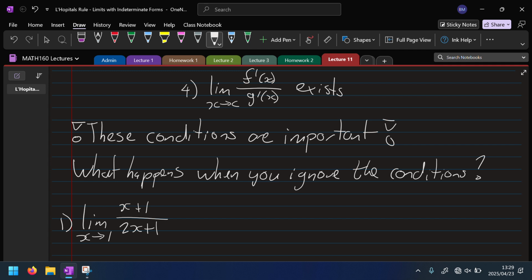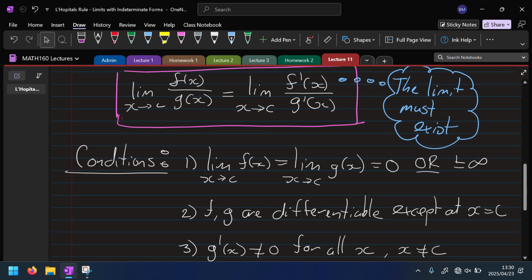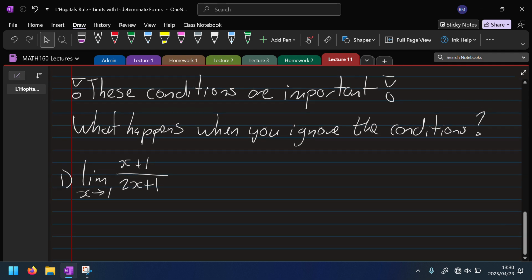So what we're ignoring is condition number 1. We're not checking that the top and the bottom are infinite or 0. In this case, the top is not 0 if you substitute, and it's not infinite. The bottom won't be 0, won't be infinite. So condition number 1 over there, we're going to ignore that, and we're going to see what happens.